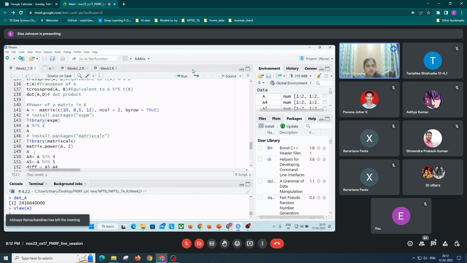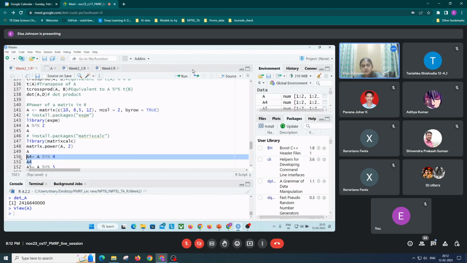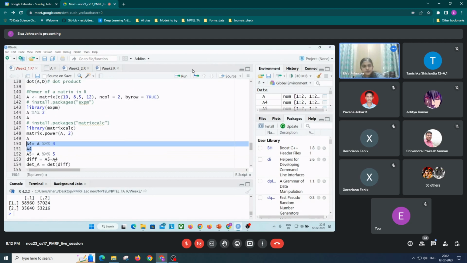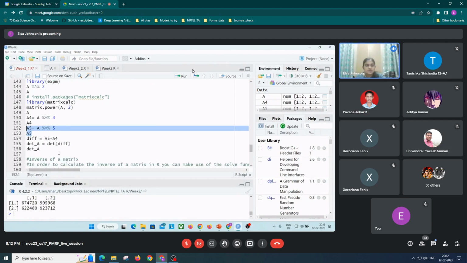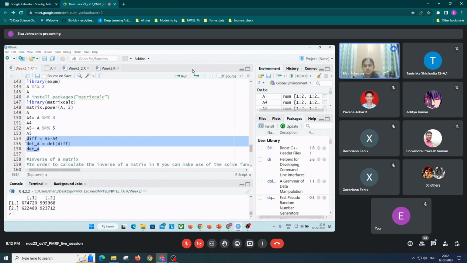A raised to 4 is this one, and A raised to 5 is this. Okay, it's different from your question earlier. So now if you find the determinant, it's getting a big value.